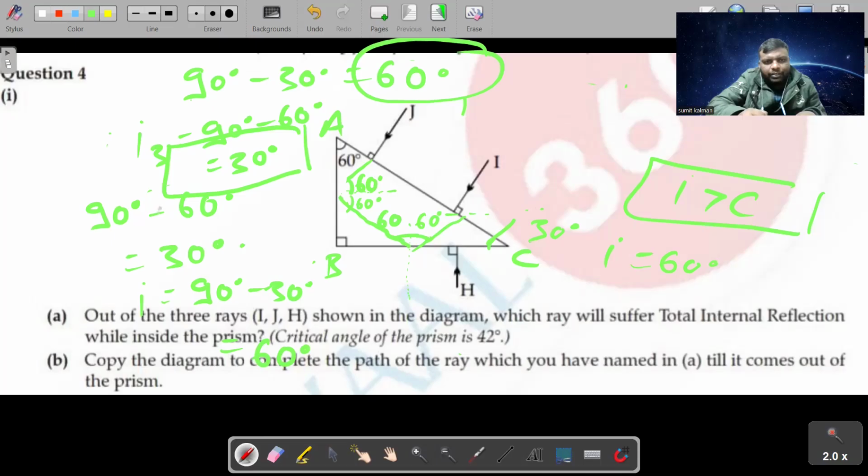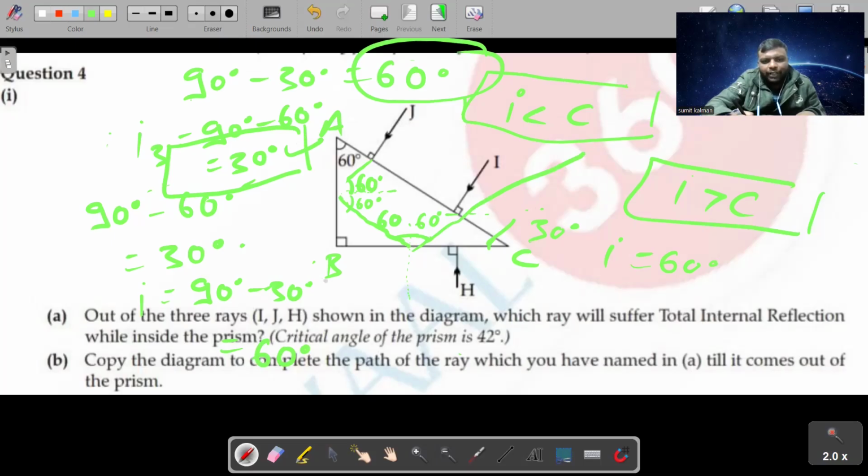So here we have got our angle of incidence at the face AC, and it is 30 degree. If you compare this angle of incidence with the critical angle, i is less than critical angle. So students, here the light ray will not suffer total internal reflection and it will emerge out of the prism.